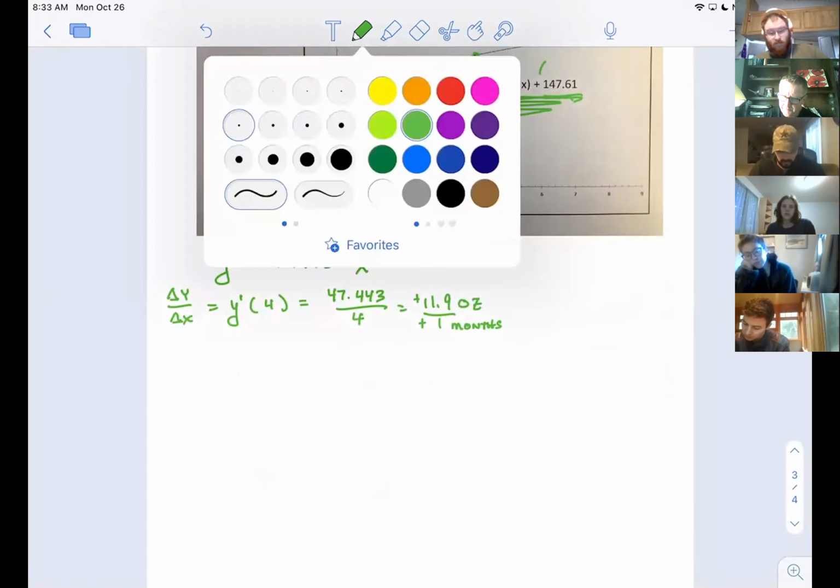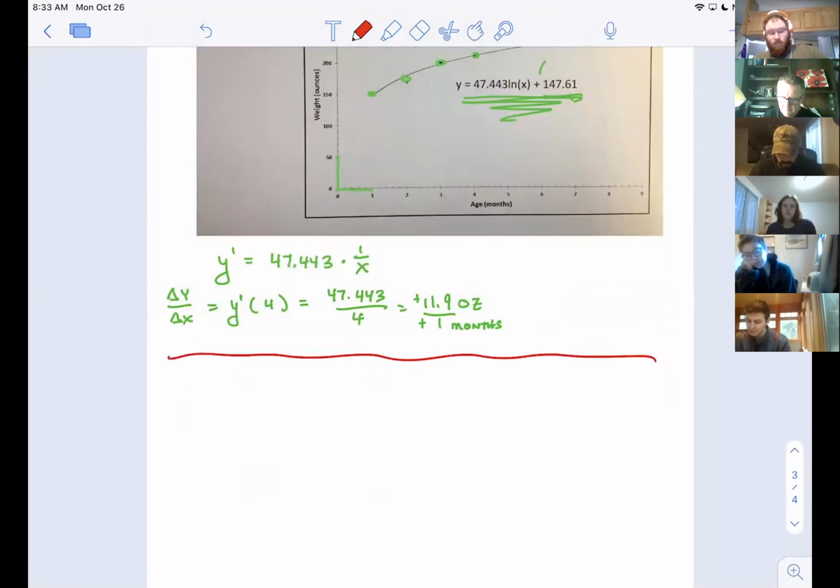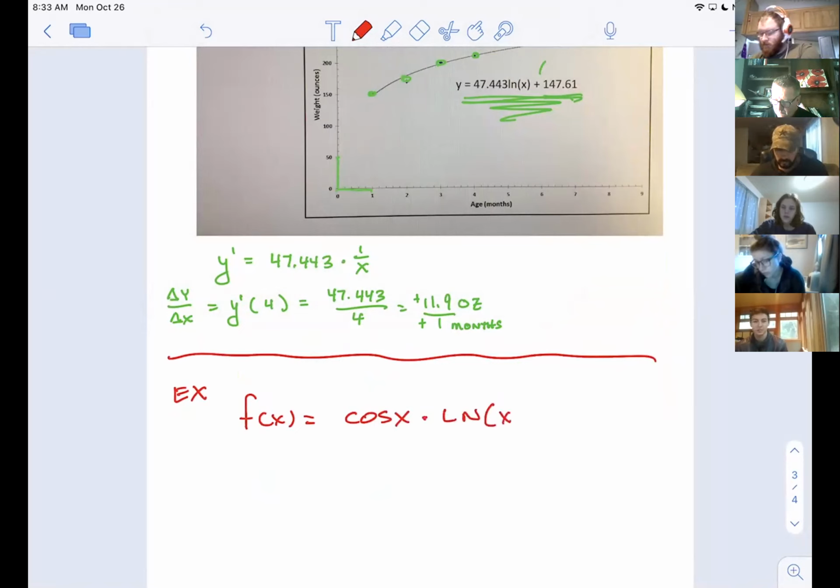Let's just do a couple of random examples then. I'll just give you a second to see if you can do this yourself. If I say f of x equals, let's see, what do we want to do? There's a mess.